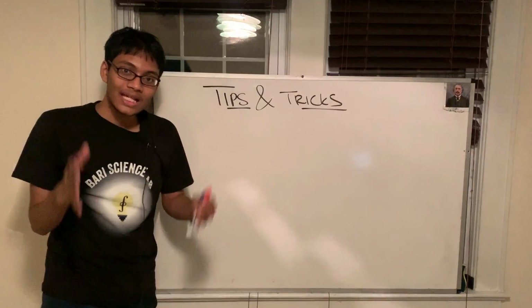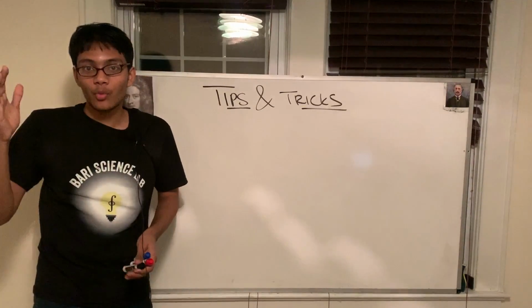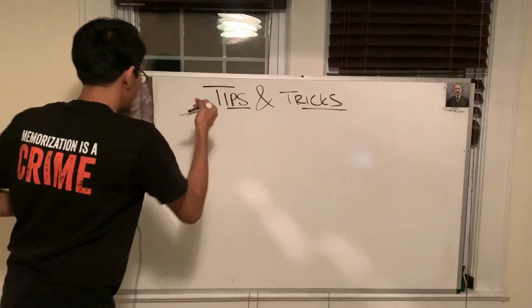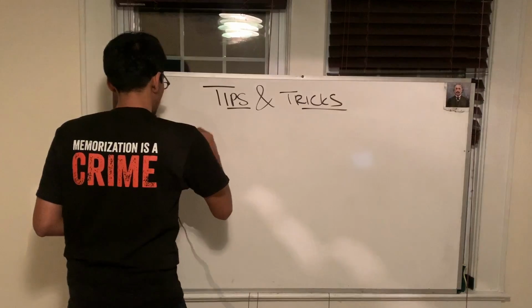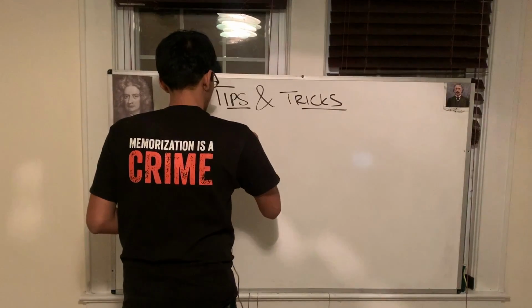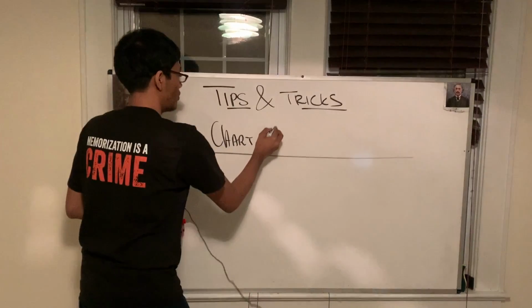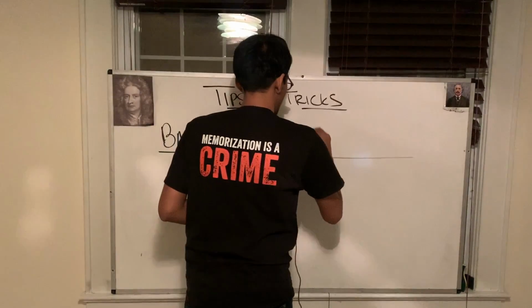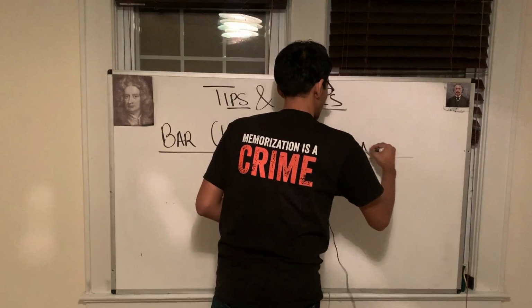First and foremost, and this is where a lot of students mess up, is when do you use a histogram, when do you use a bar chart? So it's important we make that distinction. When do you use a bar chart versus when do you use a histogram? So when do you use which one?